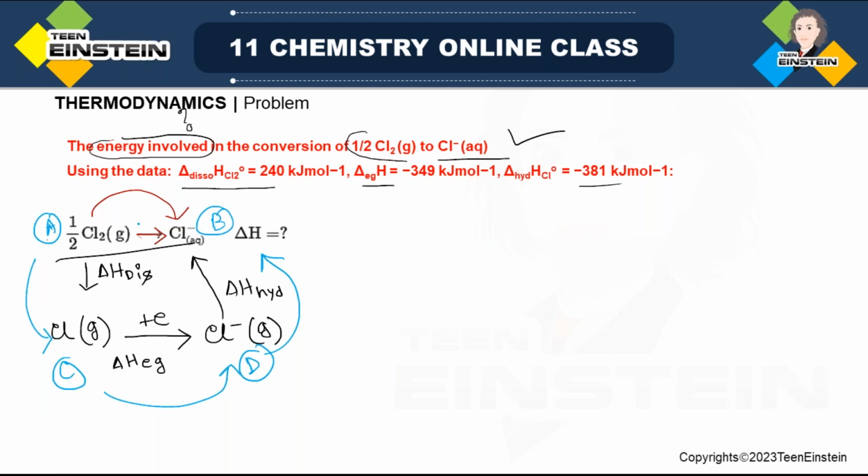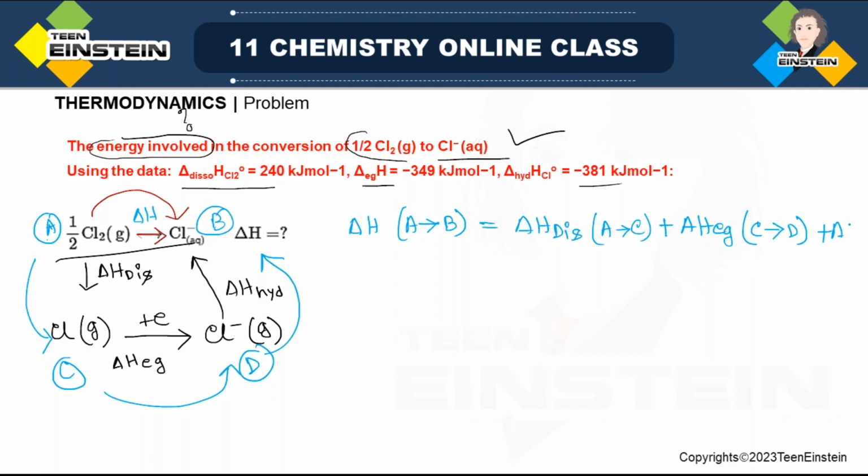So if we want the value of enthalpy change for this process, del H for the process A to B is equal to del H dissociation, which is for moving from A to C, then del H electron gain, the enthalpy change for state C to D, and del H hydration, which is state D to B.